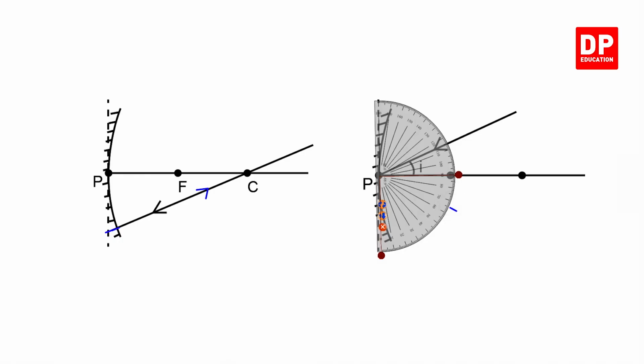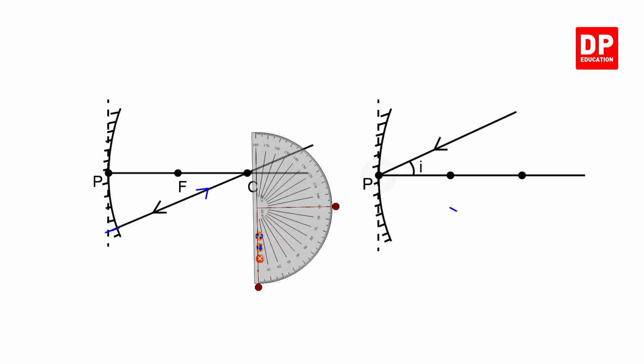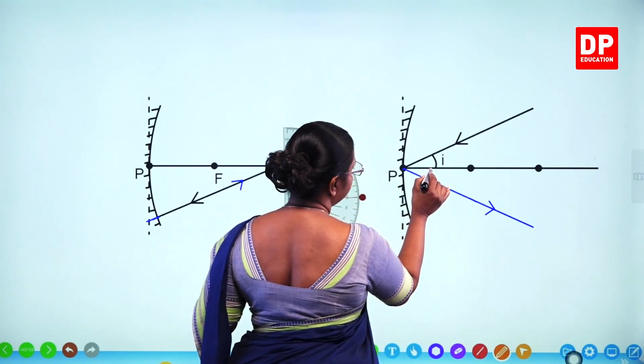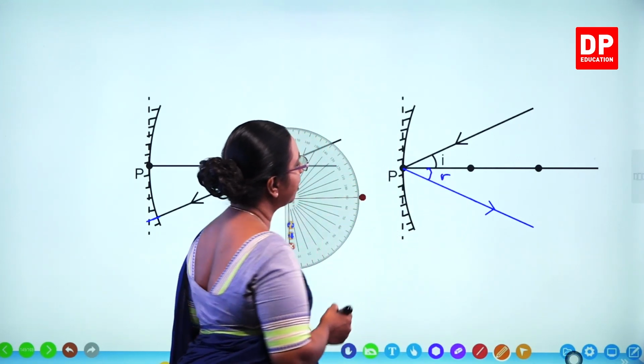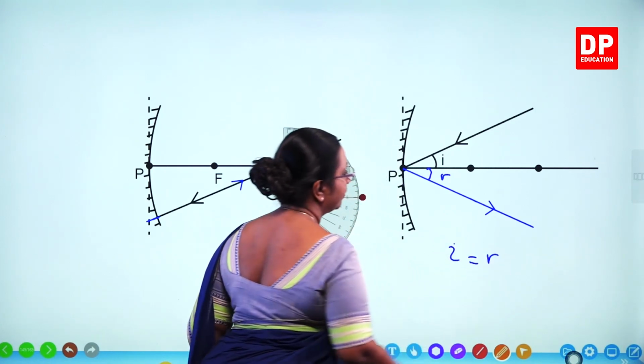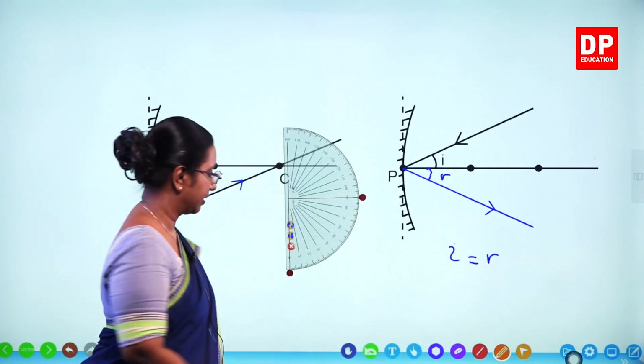There. So if we draw the ray starting from here, it has to go through this particular point. Right. So that is the reflected ray. We have to mark the angle of reflection, and the angle of incidence will be equal to the angle of reflection.